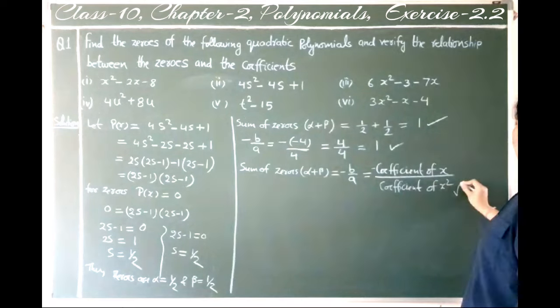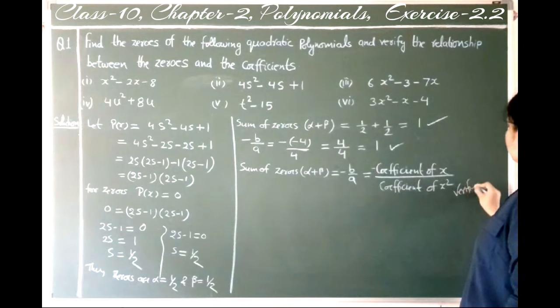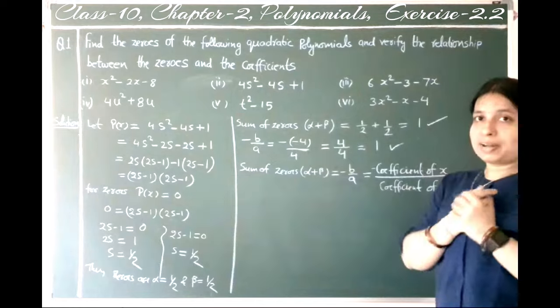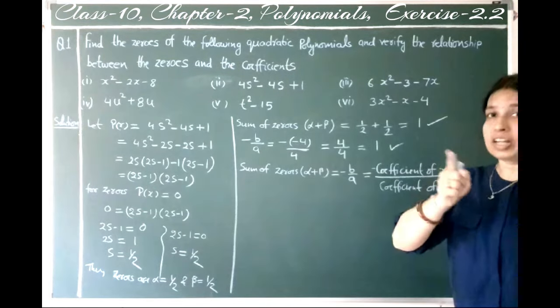So this is verified. First one is verified. Now we have to verify product of zeros.